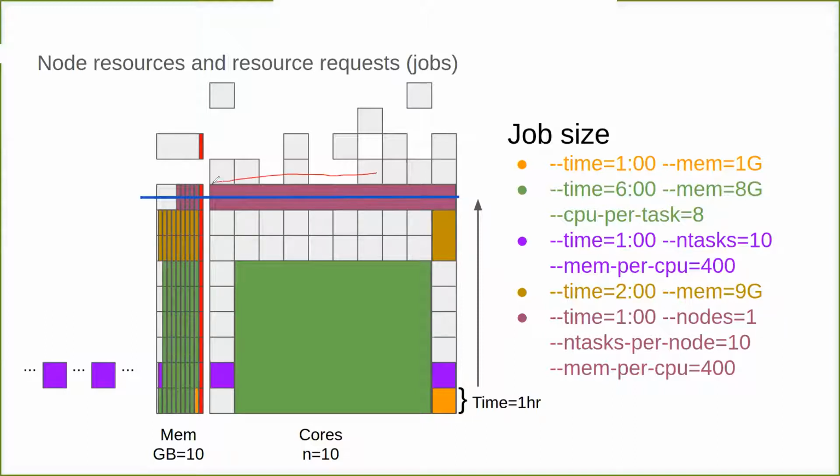We see that job can only run after that single core job over here. So at this time, something like 10 hours later, all of the jobs in this queue have been able to run. Some of them being able to run at the same time as others, but others having to run alone, saturating the system.